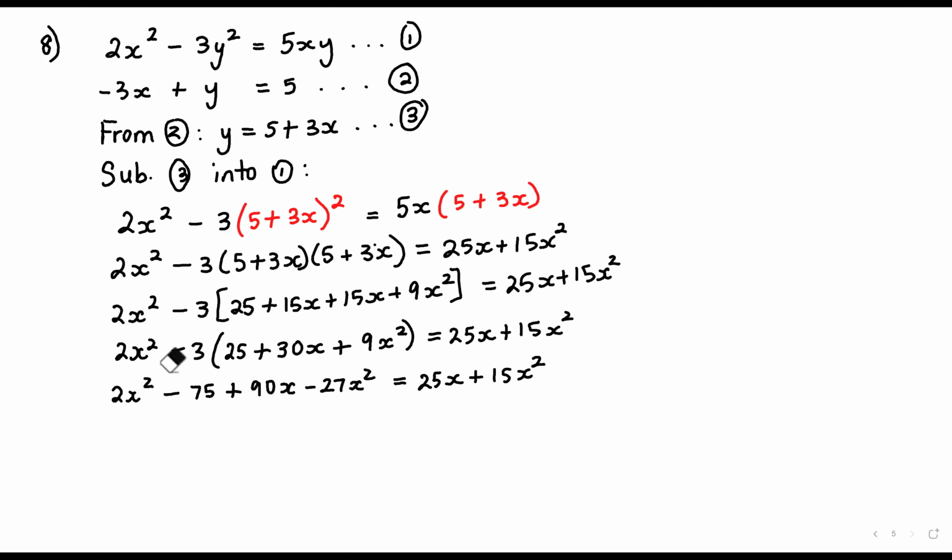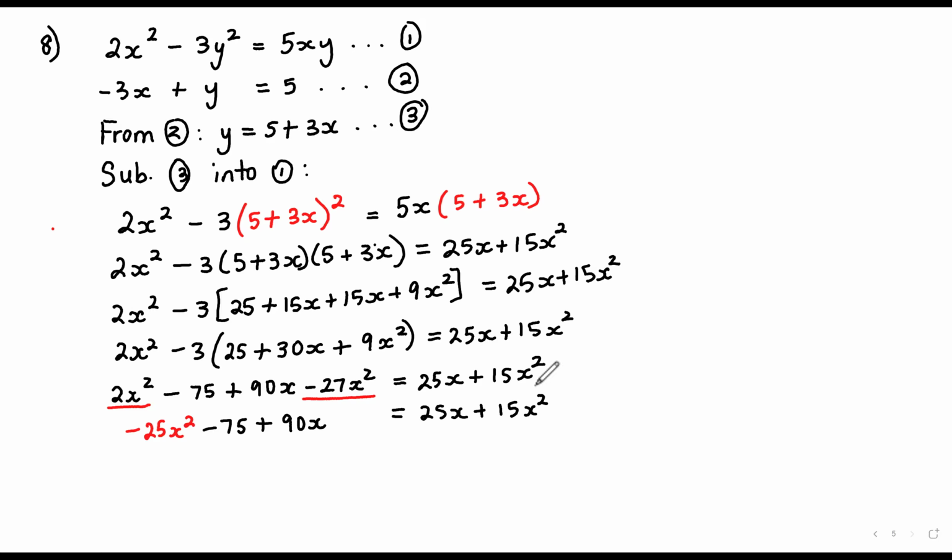So 2x squared, I know this is a lot of algebra, but just bear with me, right? So you have 2x squared minus 27x squared. So this will end up being minus 25x squared, right? So you'll have minus 25x squared minus 75 plus 90x is equal to 25x plus 15x squared.